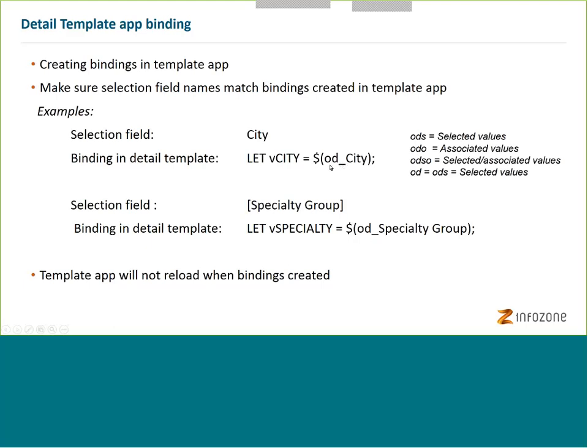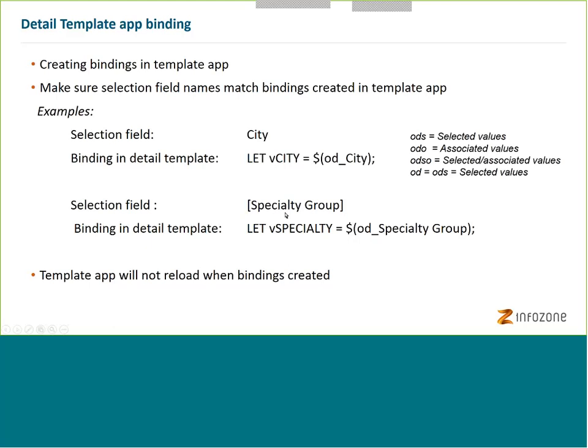But the binding is really a prefix, OD or ODO, and here is a list of all the prefixes available for the service to understand. And you will just make an expression of OD underscore and your field name, and then you will set it to a variable.